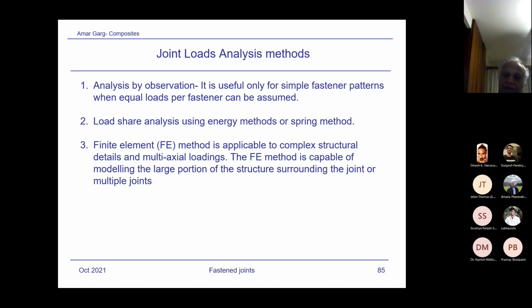The fastener is considered to be a spring for the analysis. And then you use some energy methods or force equilibrium method to determine the load shared by each of the fasteners.